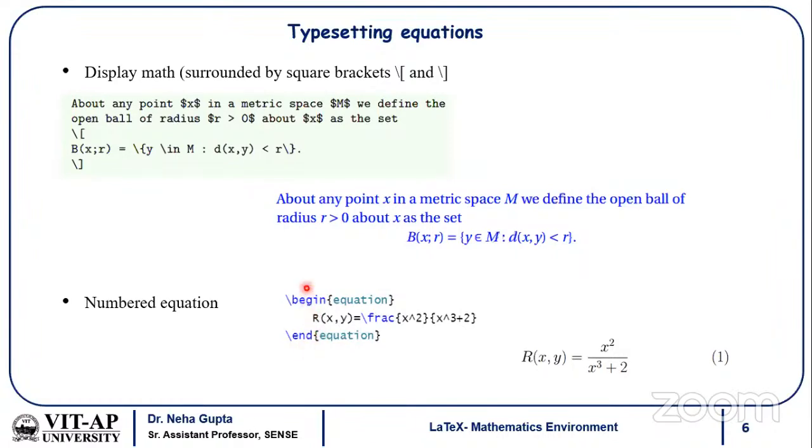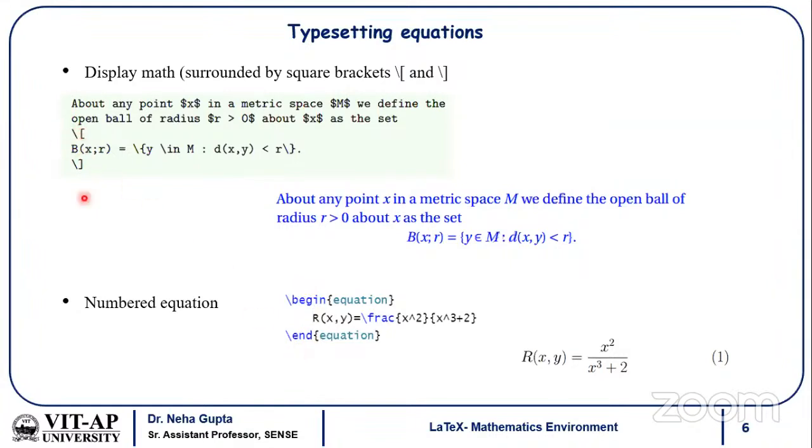So always first create the environment by using begin equation and end equation. These are the two ways to represent a mathematical expression: the first with the square bracket, the second with the commands begin equation and end equation.